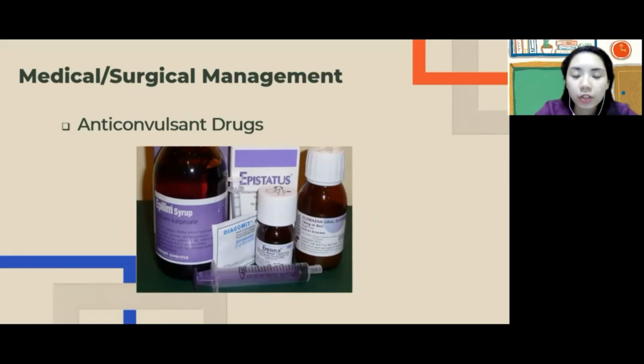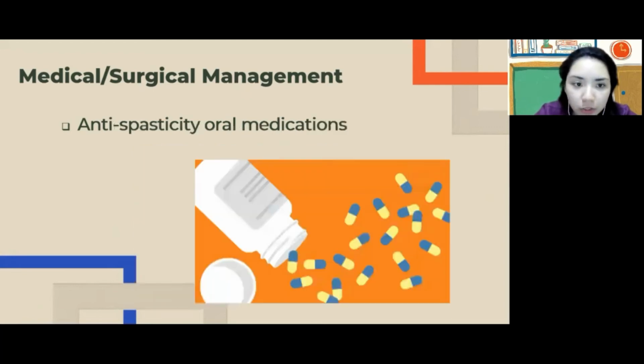So you always have to be wary of the medications our patients take because this can greatly affect their performance during therapy. That's why it's important to know all of these medical management and surgical management as well. Here we also have anti-spasticity oral medications.